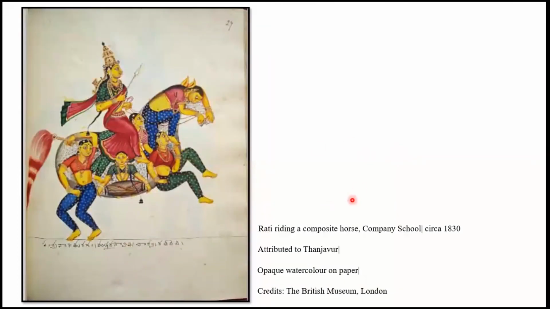This is Rati, the consort of Kamdev. She's riding a Panchanari Durga or Panchanari Kalyani. Again, the female figures are wearing pants. That's very cool.